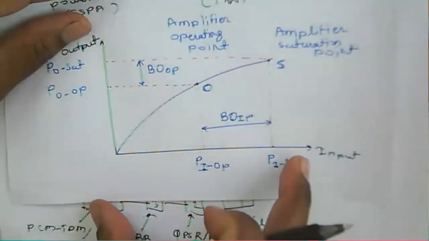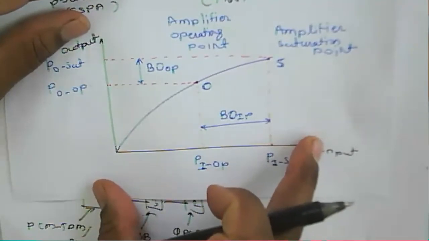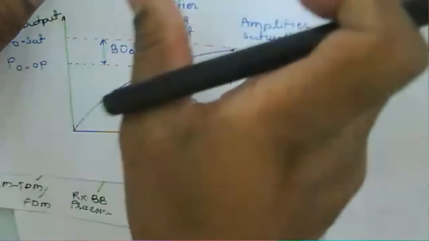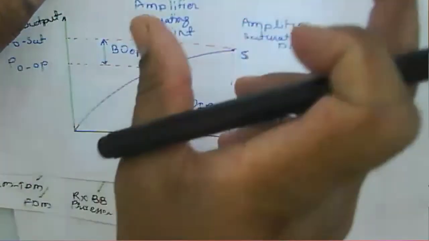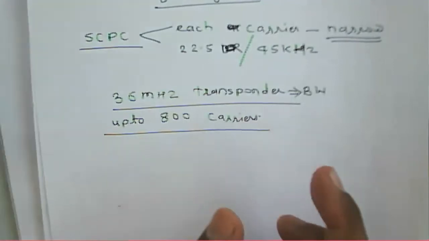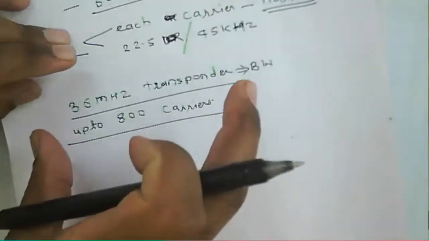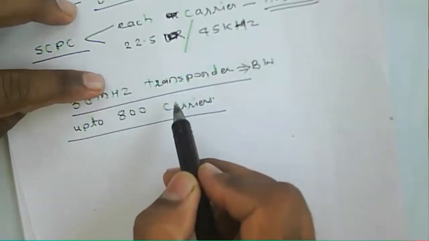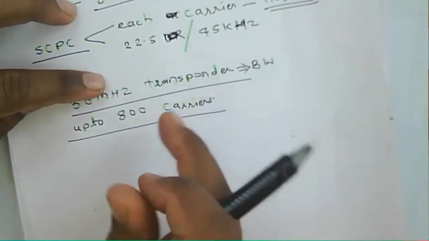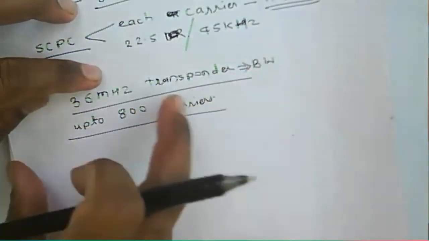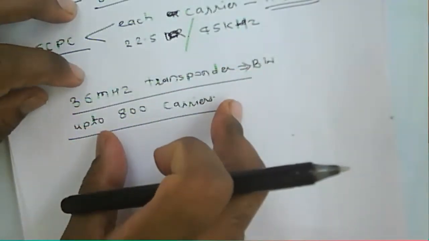If the number of carriers increases, then the total output power required will be large. So if a transponder of 36 megahertz can support 800 carriers, the transponder output power could not support this 800 carriers.